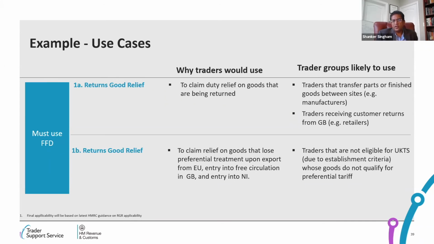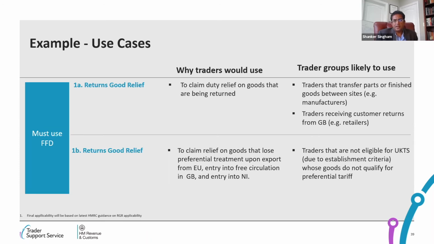So if you're not on the UK trader scheme, could be for any reason, and the goods don't qualify for preferential tariff because, for example, you don't satisfy rules of origin, you can use return goods relief here to not have to pay that duty.